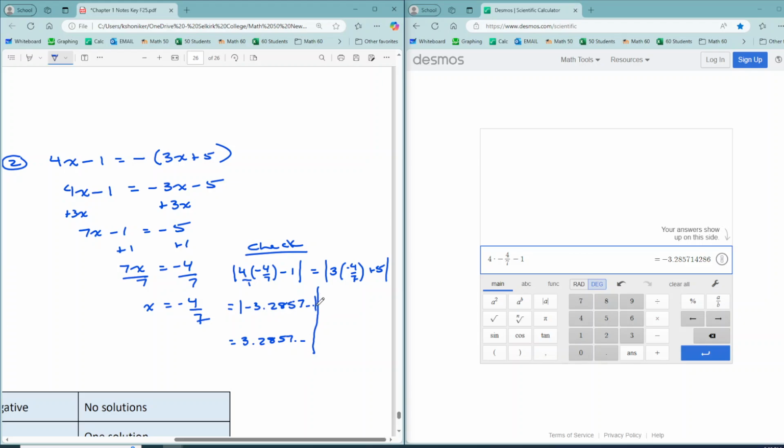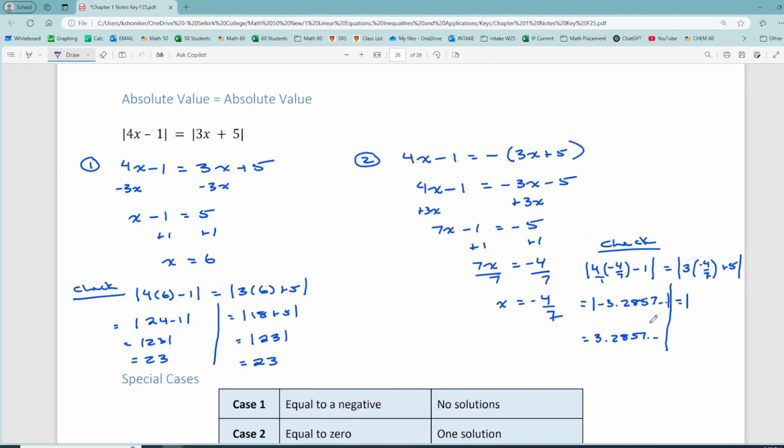On the right-hand side, if I plug this into my calculator, I've got 3 times negative 4 divided by 7 plus 5. Oh, look, I got the same gross decimal, but this time I got it as positive. So I got positive 3.2857. So what happens is now when I take the absolute value, it stays positive.